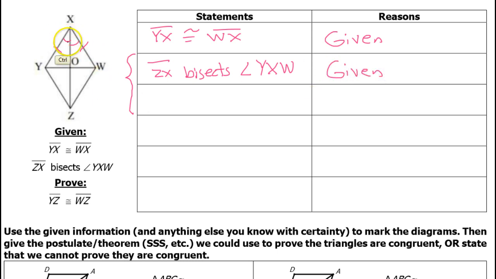But then I can make the congruence statement. I can say angle YXZ is congruent to angle WXZ. And that's the definition of angle bisector.